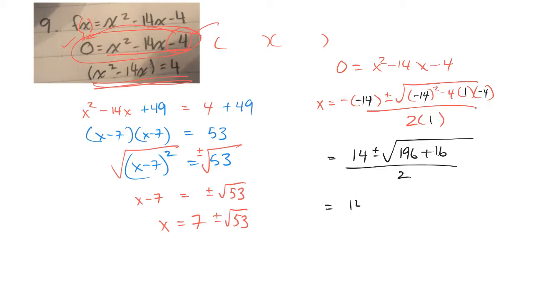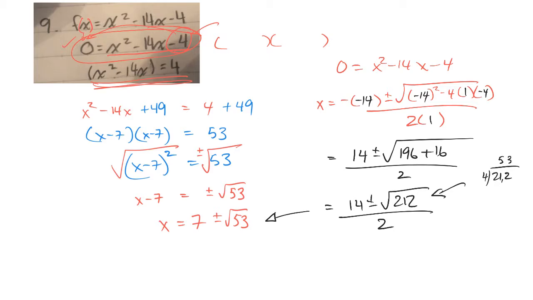Or 14 plus or minus, is that 212? Root of 212 over 2. We don't have the exact same answer yet. Oh, 14 divided by 2 is 7. We've got to be able to break that down. Let's see if 4 goes into 212. 4 goes into 212, 53 times. Ooh, that's ringing a bell.